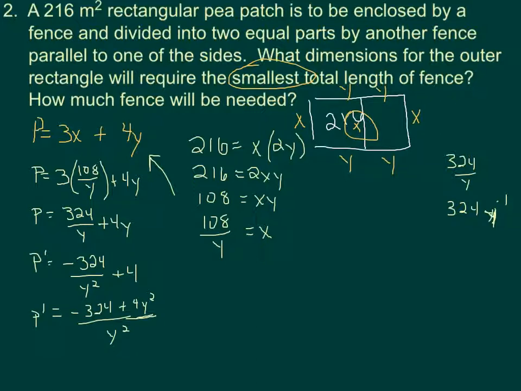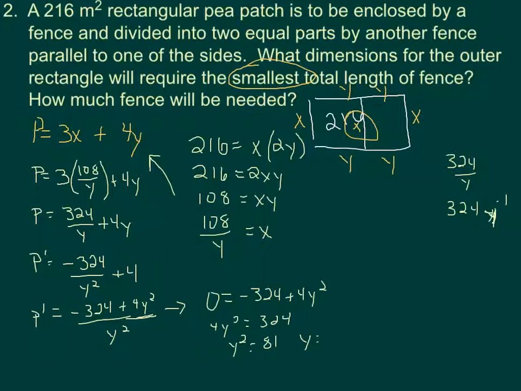Okay, so now we're ready to minimize. So we make this equal to 0. We only need to worry about the numerator in that case, because this whole fraction will only be 0 when the numerator is 0. So negative 324 plus 4y squared. So 4y squared will equal 324. And if I divide, then y squared will equal 81.